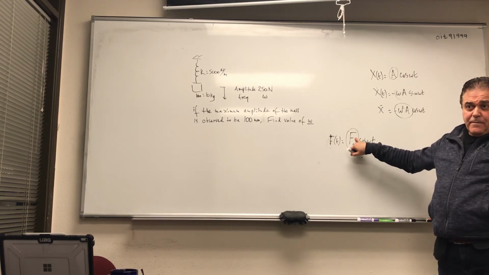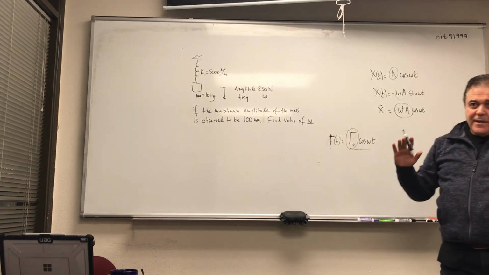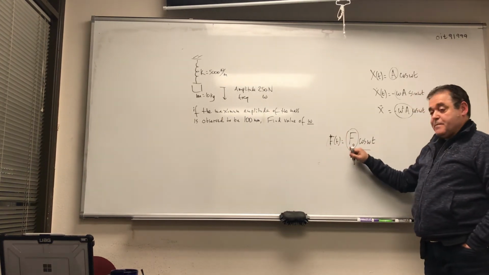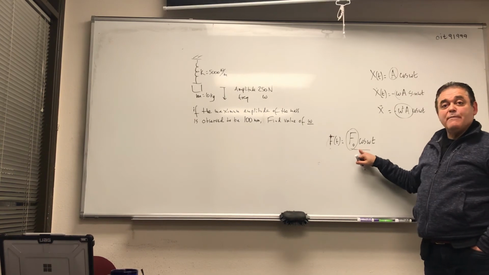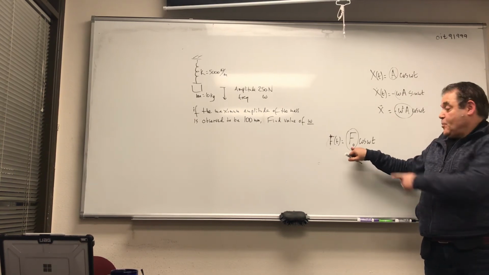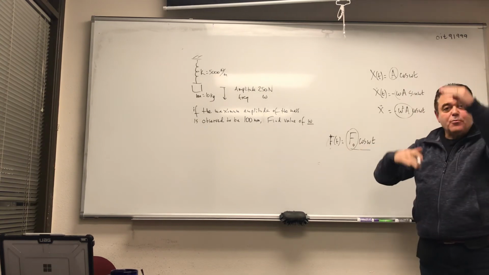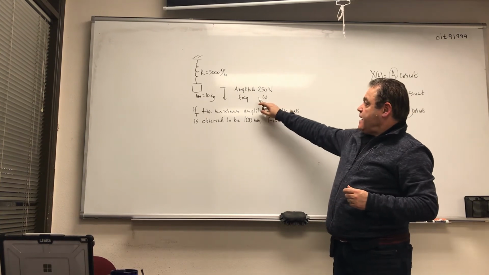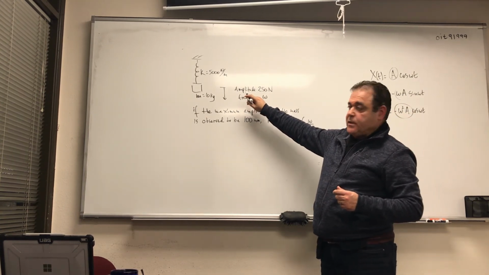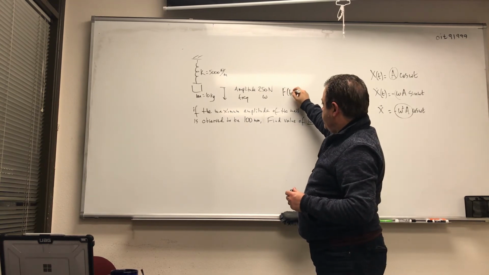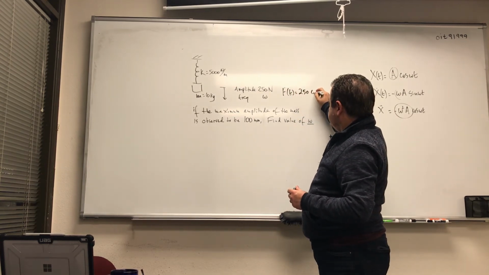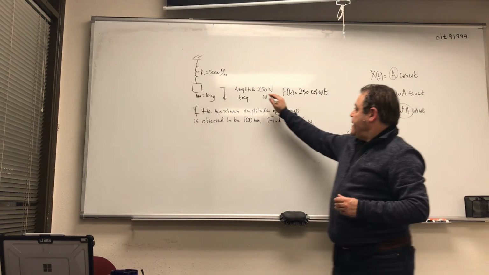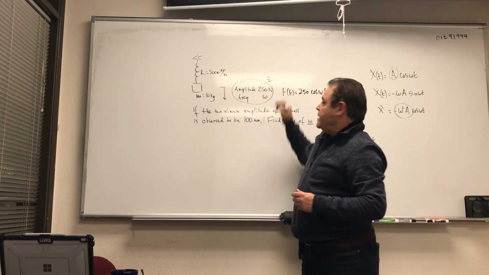The maximum value of the force is whatever F0 is, because cosine is always between -1 and 1. So don't let that unit throw you off. If I were to write an equation for this, f of t is equal to 250 cosine omega t. These two statements are equivalent.